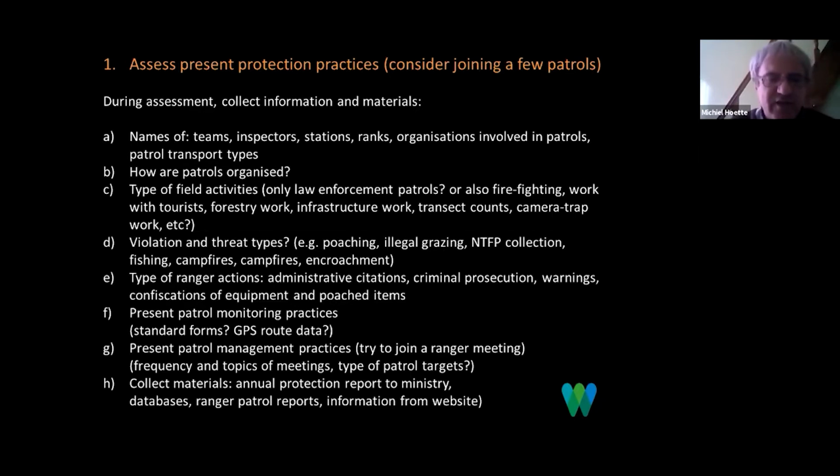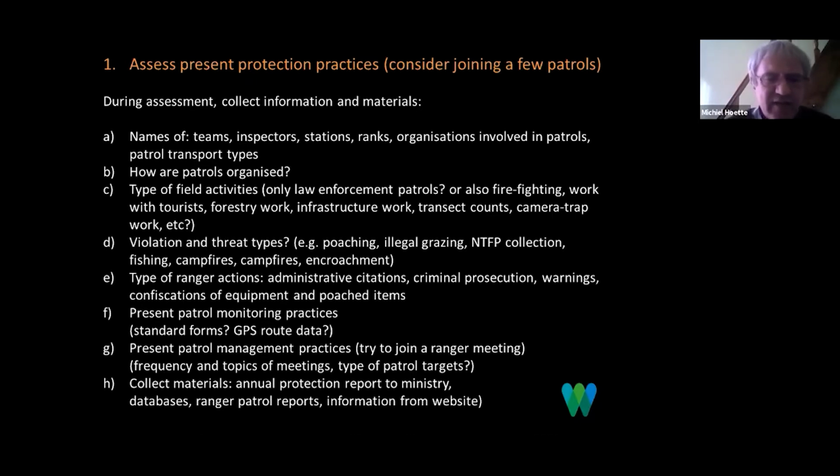If they, for instance, have a laptop or an overview of previous violators, so if they come across people or a vehicle in the field, they can look up if that was involved in a violation previously. If there's no such system, it's good to arrange it and to discuss it and to ensure that SMART collects the data that is needed for that feedback.